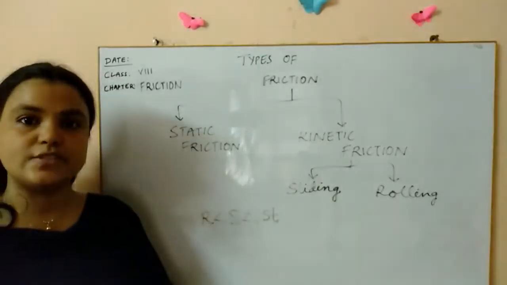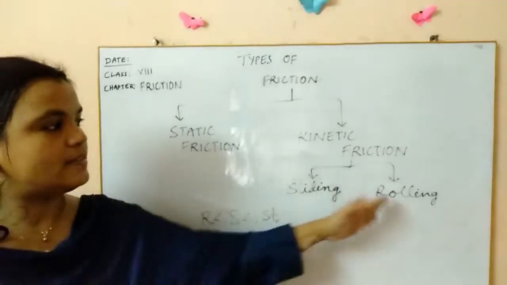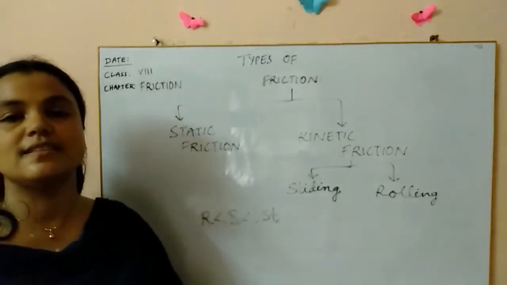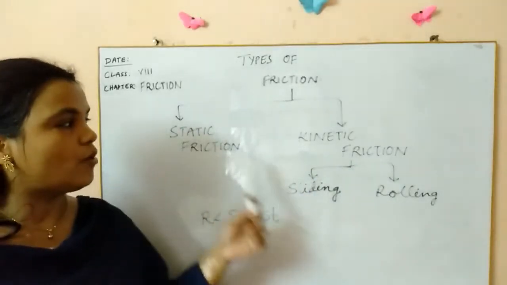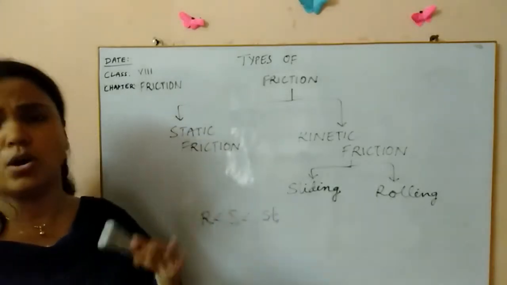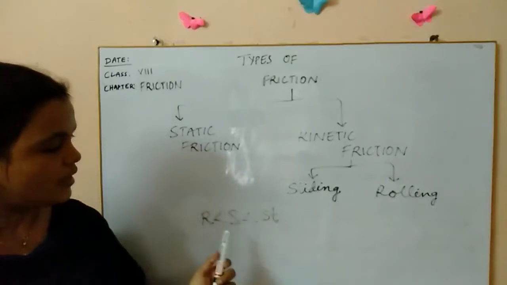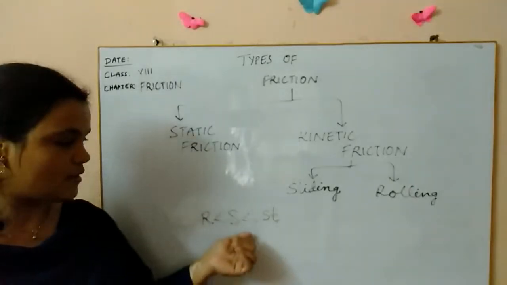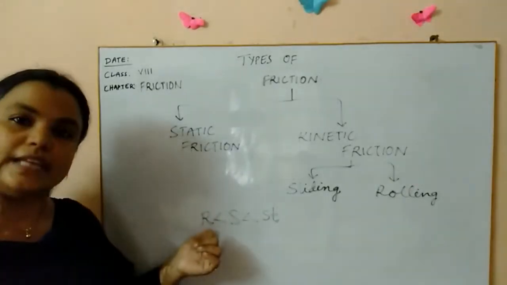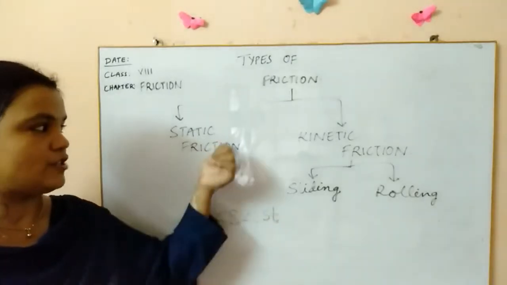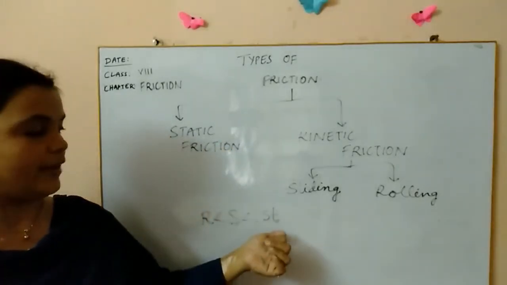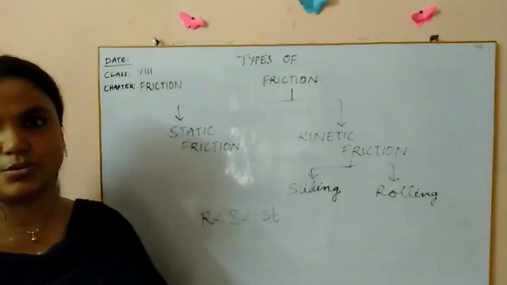So when you are asked to arrange these frictions, sometimes it is asked in the exams also. So arrange the following in the ascending or descending order of amount of friction that they offer. Then you need to look into this in this way. So rolling offers the least friction and static friction offers the greatest magnitude of friction.